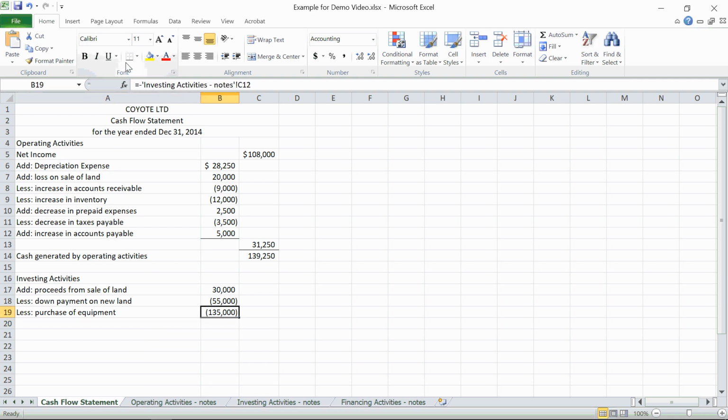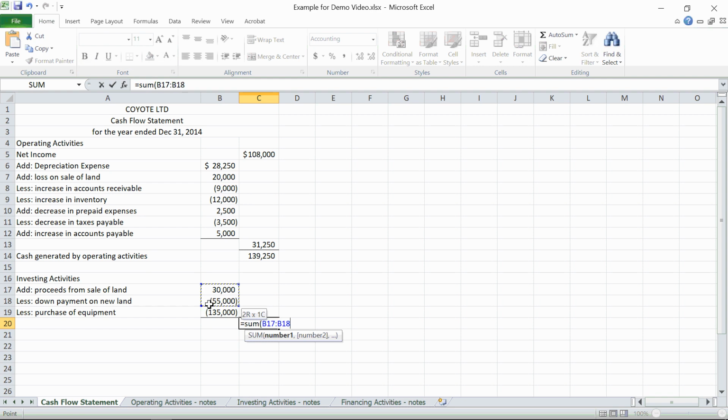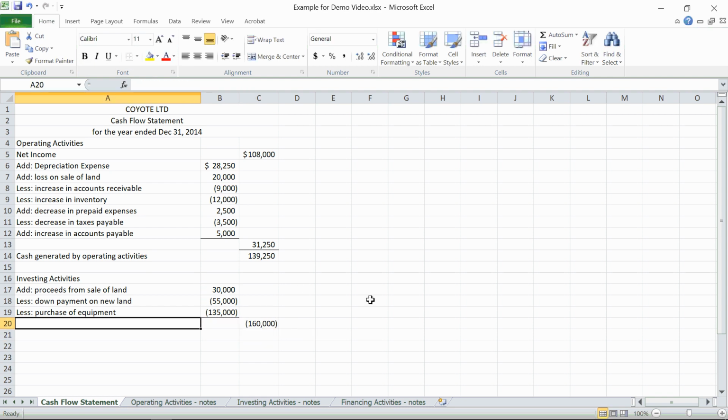Those are my only two long-term assets. So I'm going to add them up. And I get a negative number here. And so this isn't cash generated by investing activities, it's cash used for investing activities.